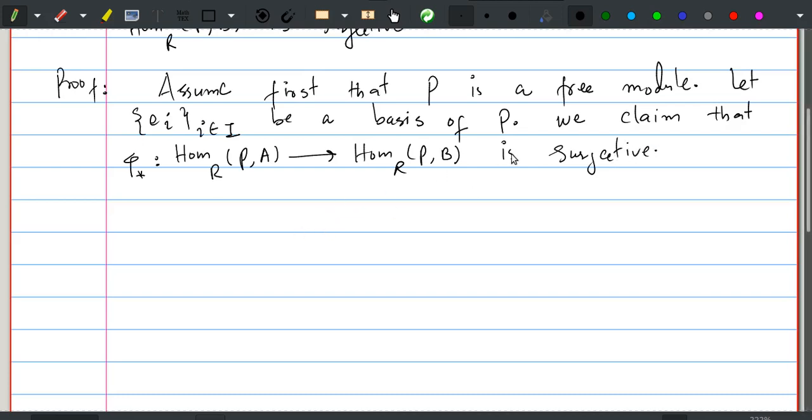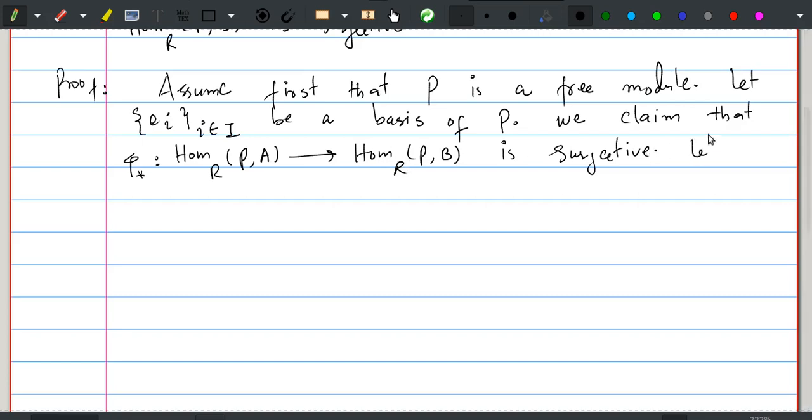Now to prove this claim, what we have to prove? We have to prove that if we choose any element in Hom(P,B), there must be an element in Hom(P,A) such that phi star of that element gives it, that is, every element in this set has a pre-image under phi star. So let us choose an arbitrary element here.